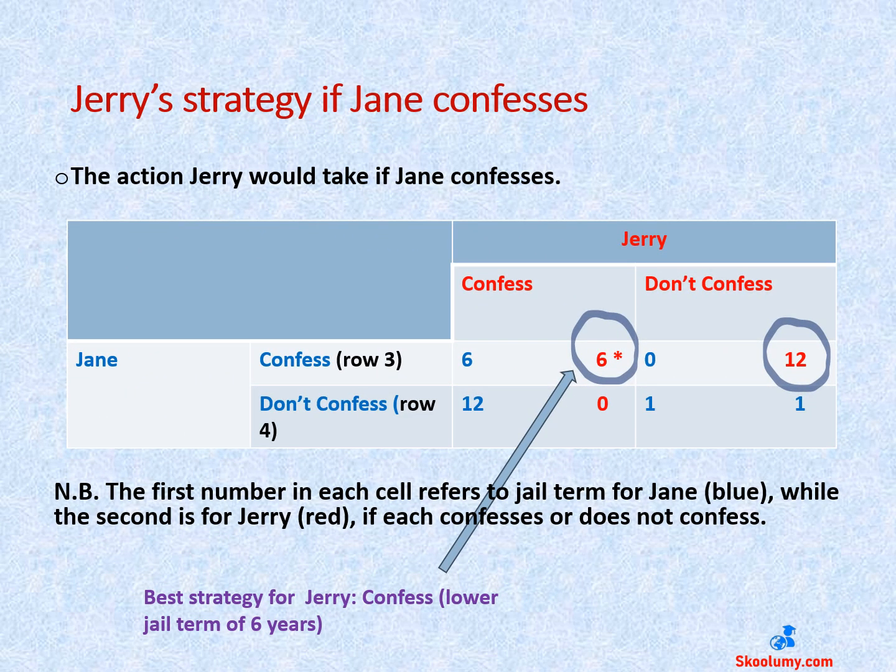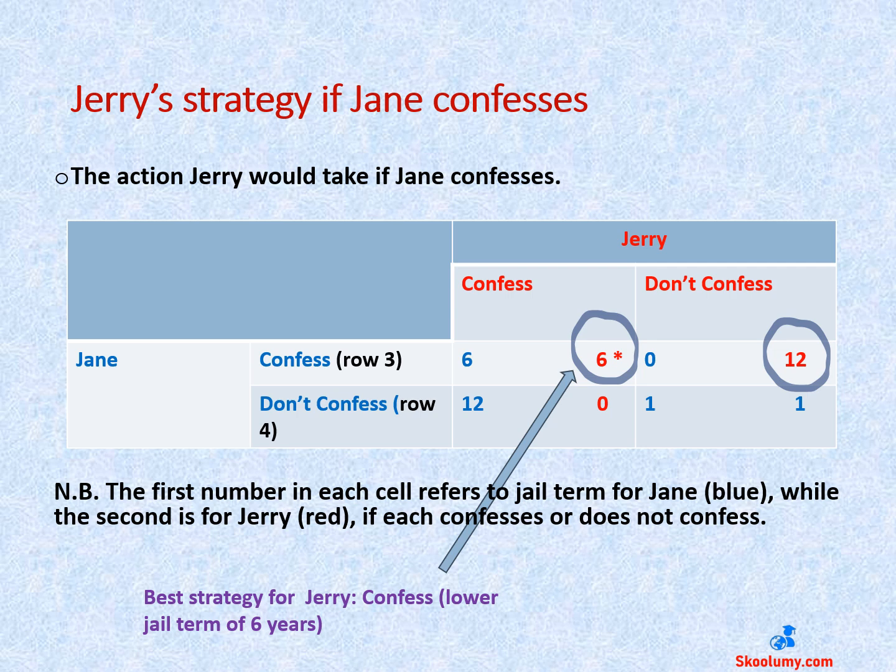Let us try to find out whether Jerry has a dominant strategy, that is, the best option for him, whether Jane confesses or not. To determine the strategy of Jerry, we will consider the effects of the actions of the other suspect, Jane, on his jail term. If Jane confesses, reading along row 3, Jerry will get a 6-year jail term if he also confesses.